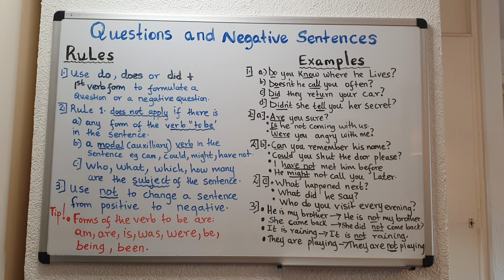You can begin your sentence with can, could, and so on, or you can begin your sentence with a relative pronoun such as who, what, which, how many, and so on. And finally, if you want to change a sentence to a negative sentence, then you simply add the word not.